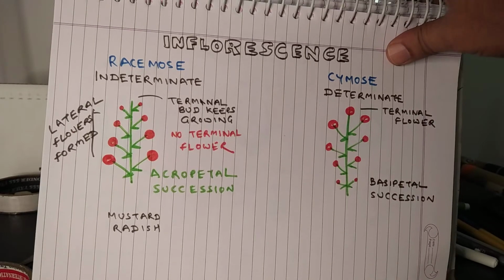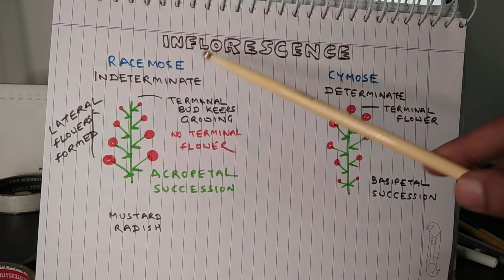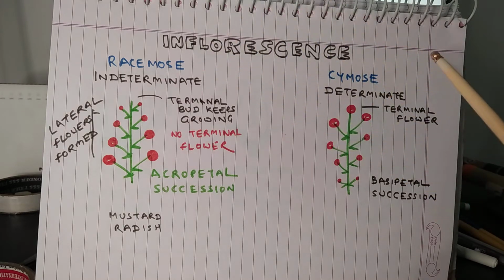Now if flowers are in an arrangement, then we need to understand the different ways in which flowers are arranged on the main axis or rachis, which is the modified stem. This is called inflorescence. There are two types of inflorescence: racemose and cymose.